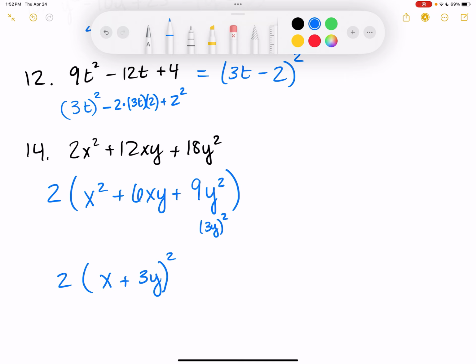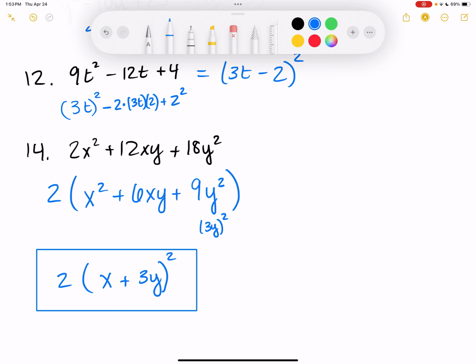Sometimes we can just go right away. You could have still factored this without knowing that it was a perfect square trinomial using the methods from the previous sections. But because they've told me this is a perfect square trinomial, I can go about it that way.